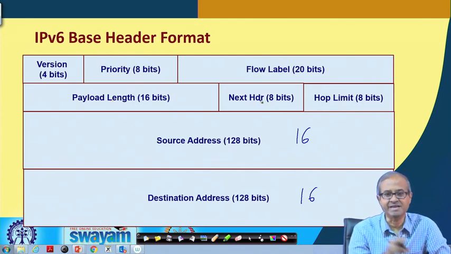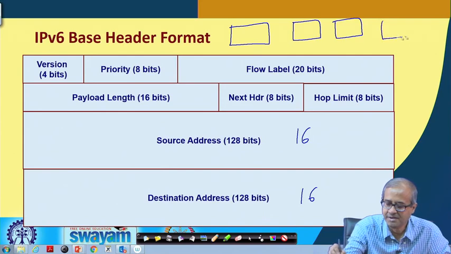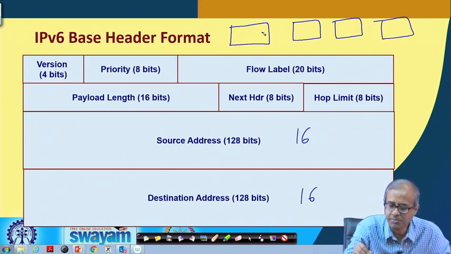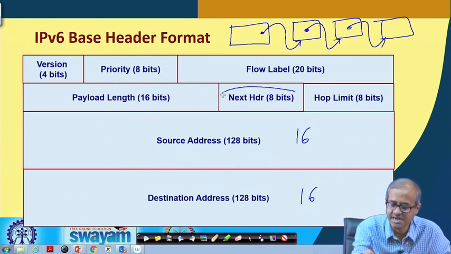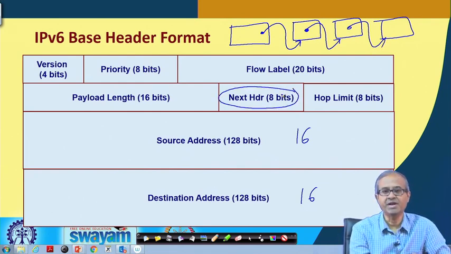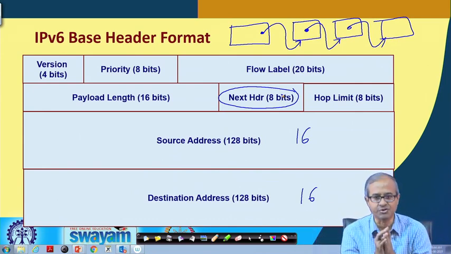Next header, I said that there will be a base header and there can be a number of extension headers. Okay. Now, there will be a field here which will be pointing to the next header. So, this will be like a linked list. So, this next header field will contain the information that whether there is an extension header following this or not.